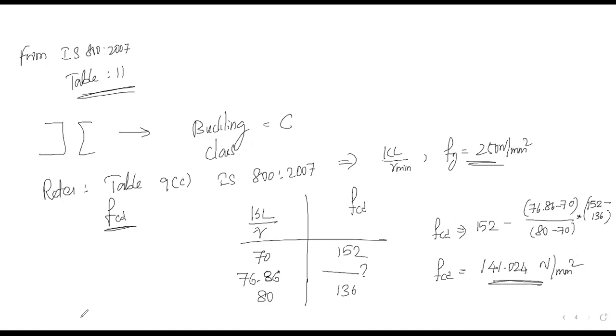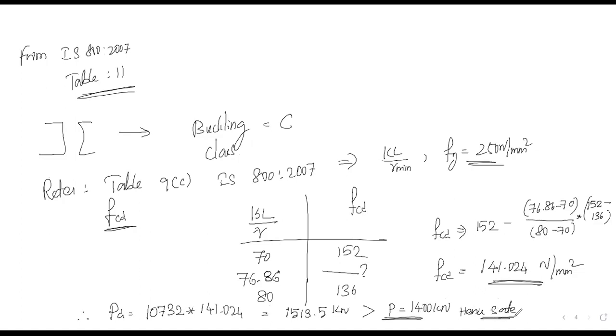Therefore, design strength PD is equal to AE, 10,732 mm squared multiplied with 141.024. The answer is 1513.5 kilonewton. This value is more than our given load of 1400 kilonewton. Hence, the section is safe to transfer the given load.